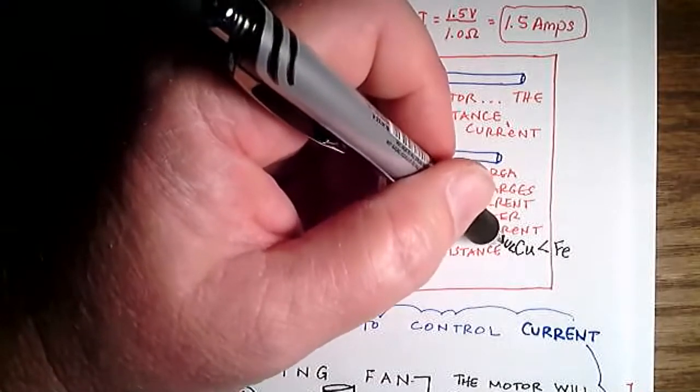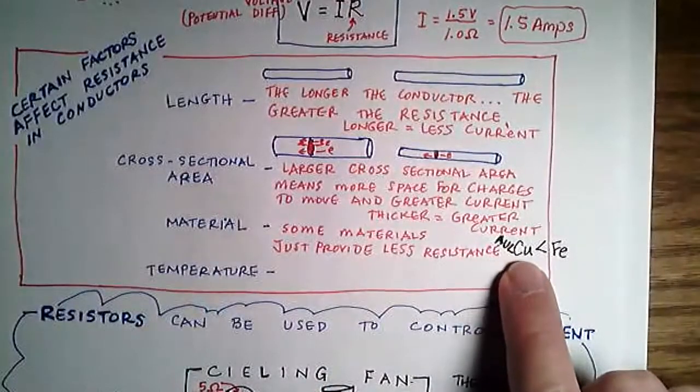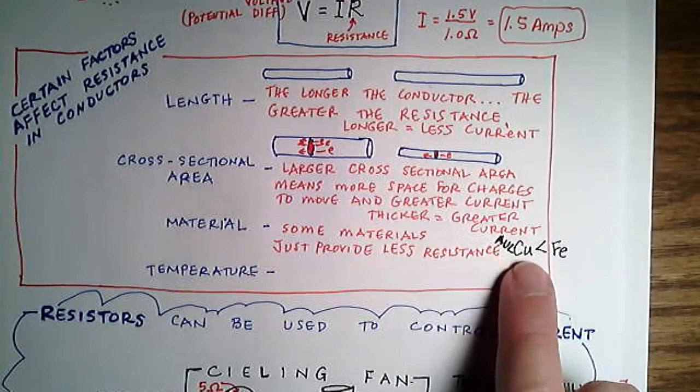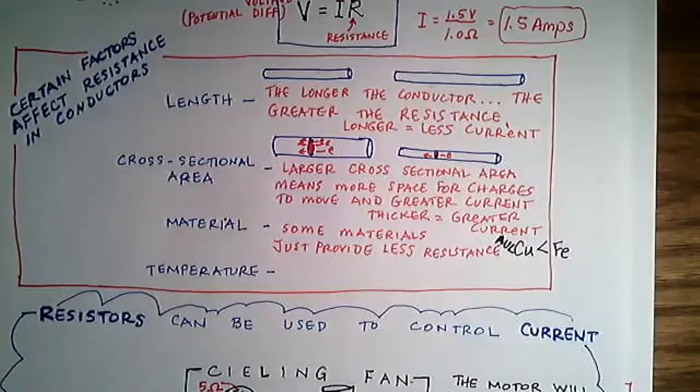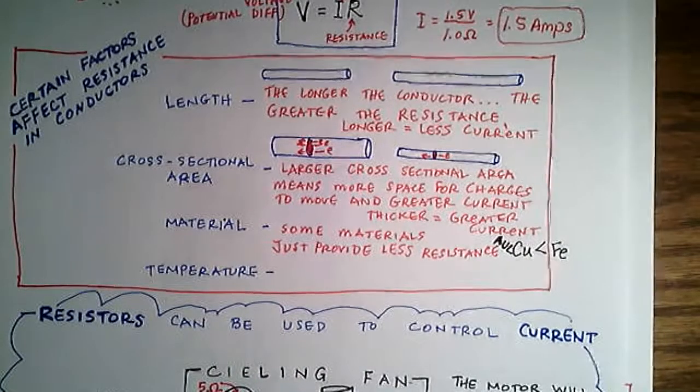It keeps us from doing things. So we want to reduce the resistance as much as possible. Even though they're expensive, we'll use gold or silver instead of copper. So copper is kind of a trade-off. It gives pretty low resistance, but it also doesn't cost as much as other substances that may give even lower resistance but are just too expensive.